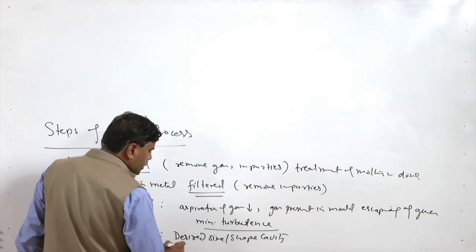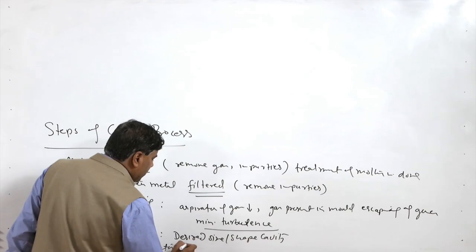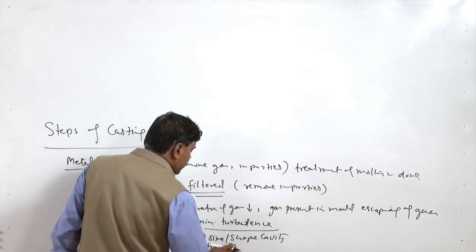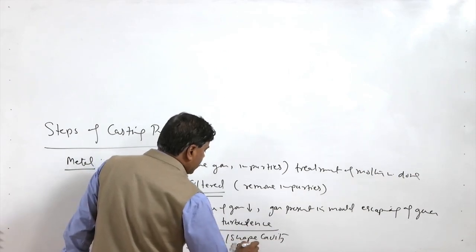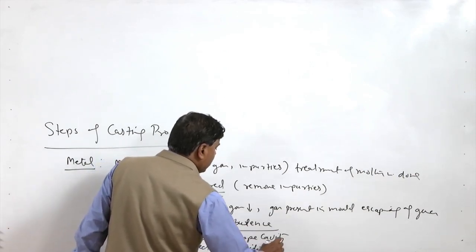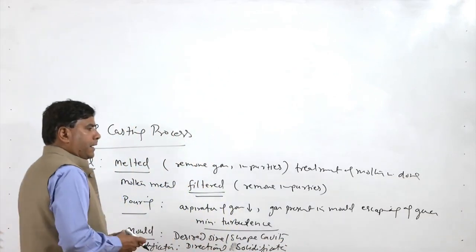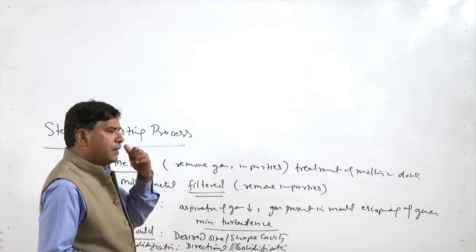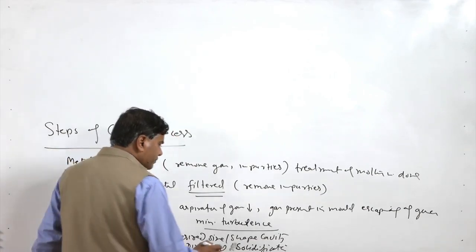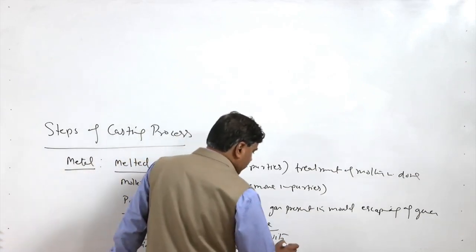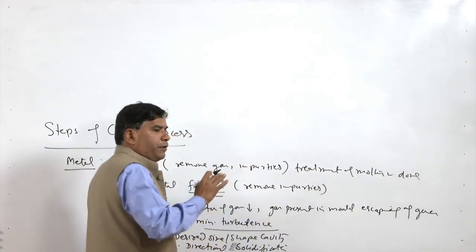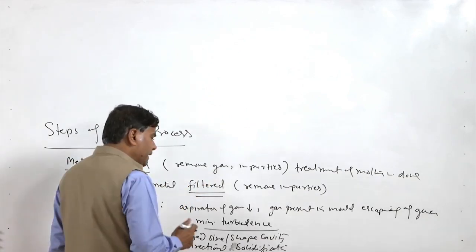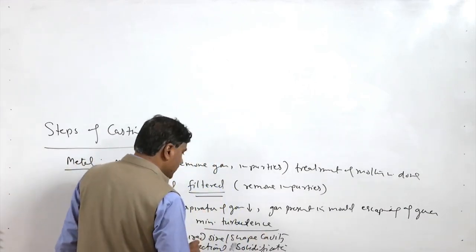So, solidification is normally desired to be of the directional type. Directional solidification is desired, so that all the impurities and gases start floating, or they get the passage to escape from the molten metal, and whatever cavity is formed in this case due to the shrinkage of the molten metal is filled effectively by the molten metal from the riser.